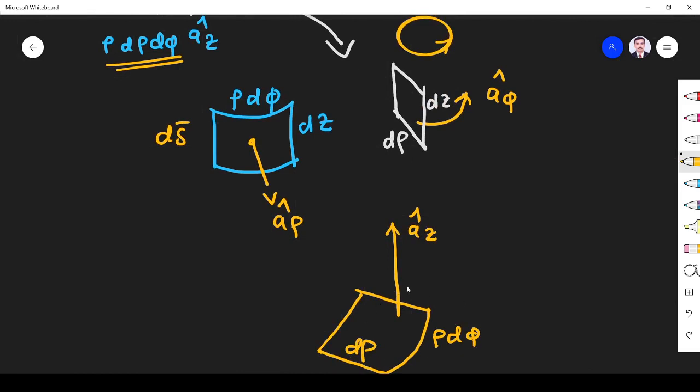This is d rho, rho d phi, looking in the z direction. Like that you can draw for different elements. If I give the expression, you can draw the diagram; if I give the plane, you can write the expression.